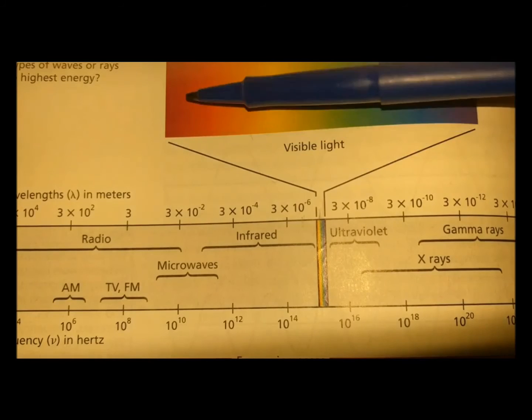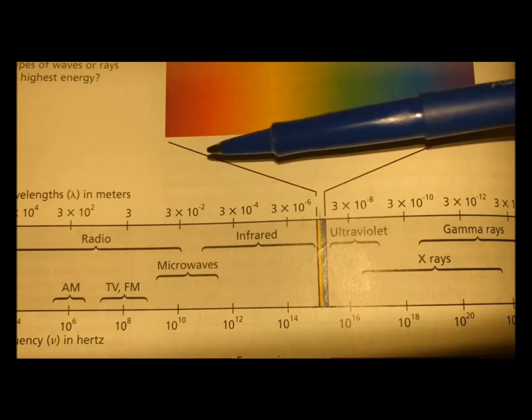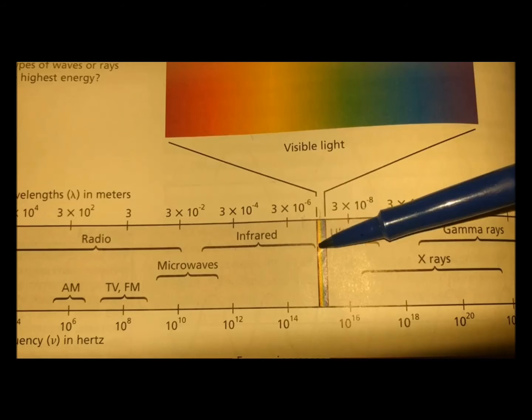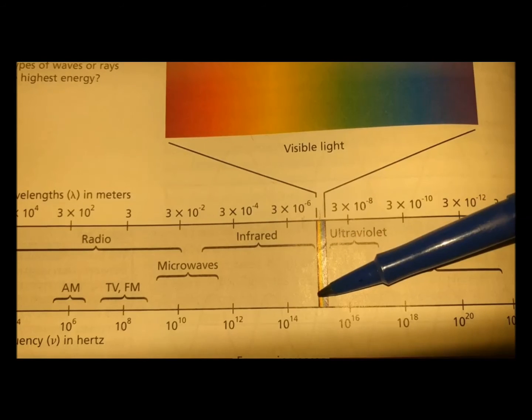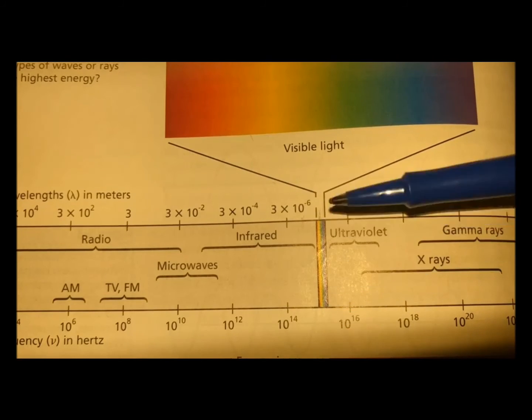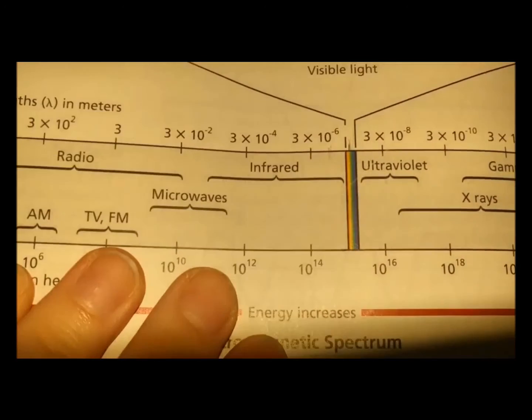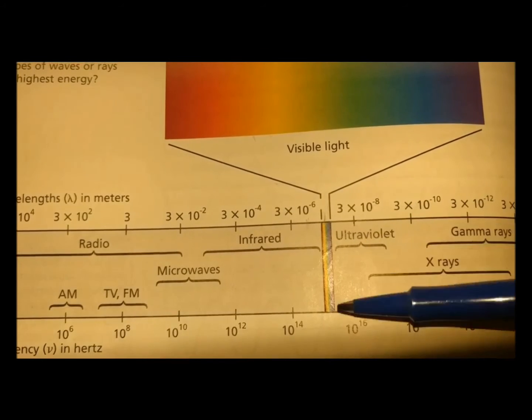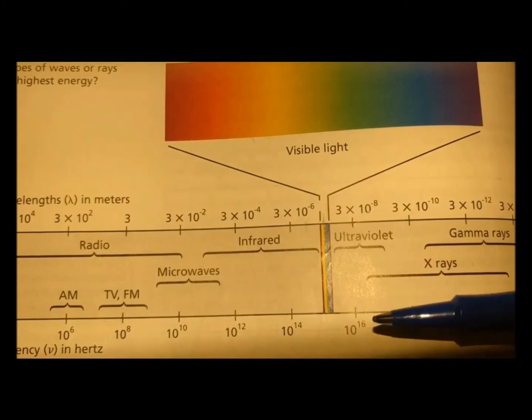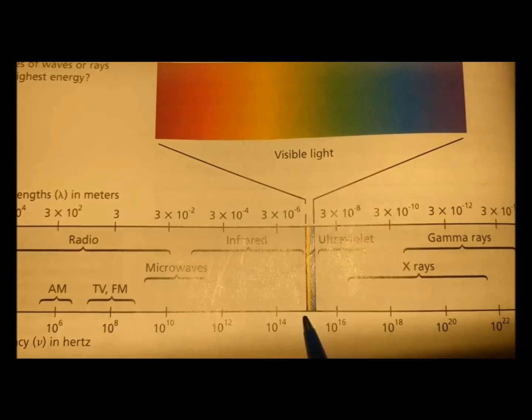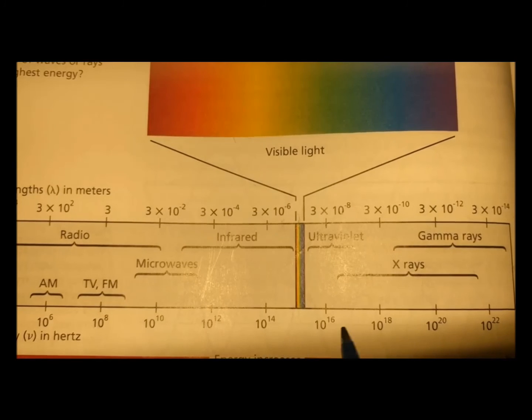So visible light goes from red to violet, and so the leftmost part of the visible light spectrum is where you're looking. So they give us the wavelength. We're going to use this table to get the frequency. So the frequency should be, do you see that's about halfway between the 14 and 16?